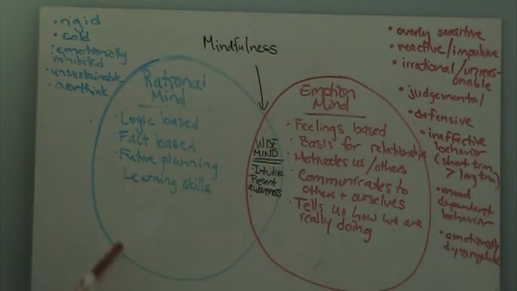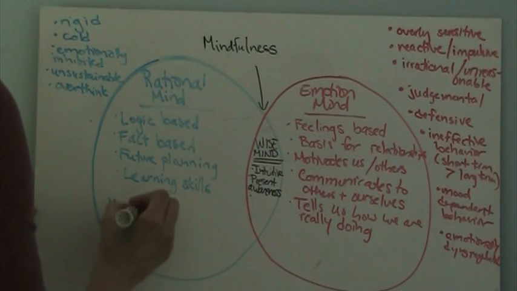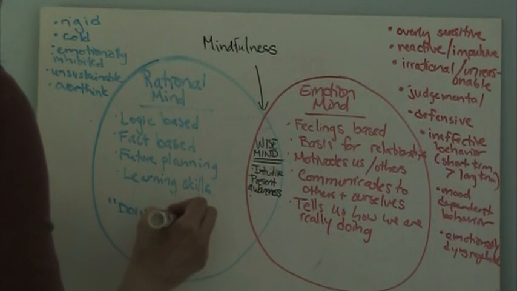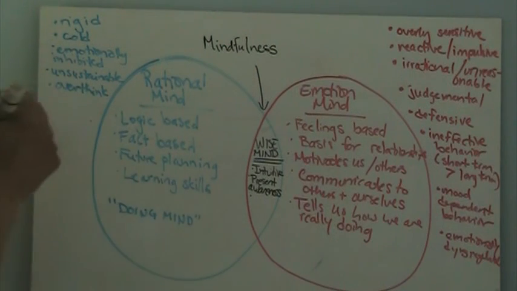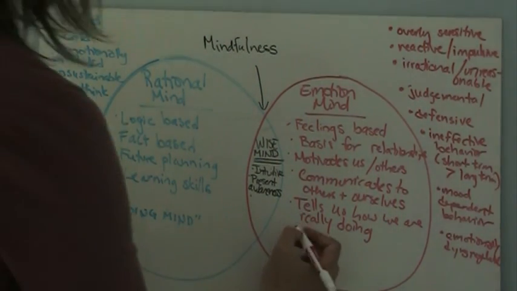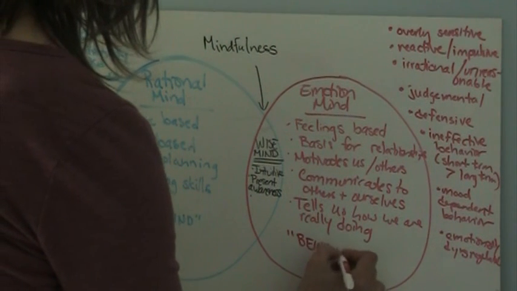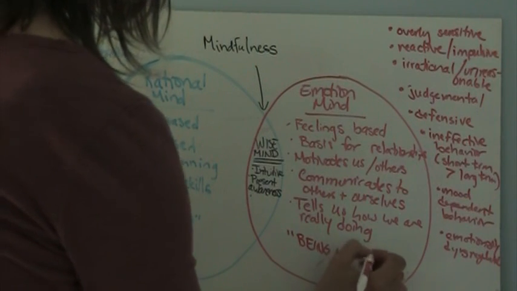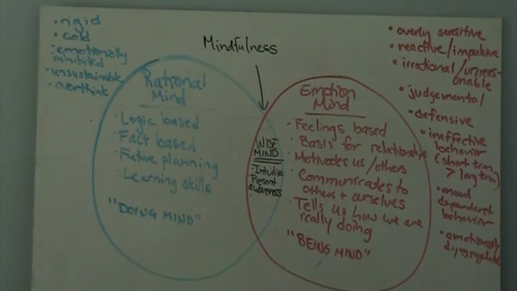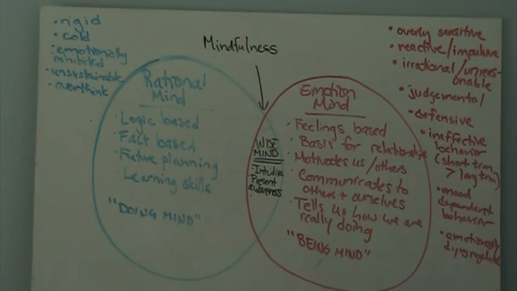Another way to think of rational mind is as doing mind. And another way to think of emotion mind is as being mind. So you can see then that wise mind would be a balance between being and doing.